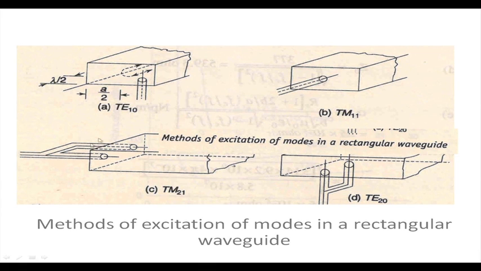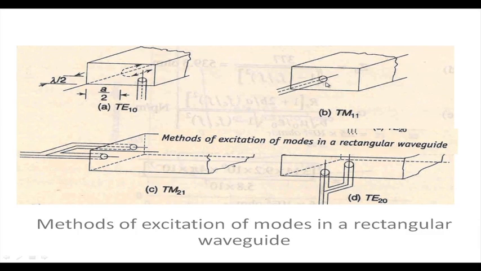Now, these are the methods of excitation of various modes. As various modes have different field structures, you need to excite them differently. Like for the TE10 mode, at the central position we put a coax and connect its central conductor to the waveguide wall where the electric field is dominant, and then the electric field starts from there.